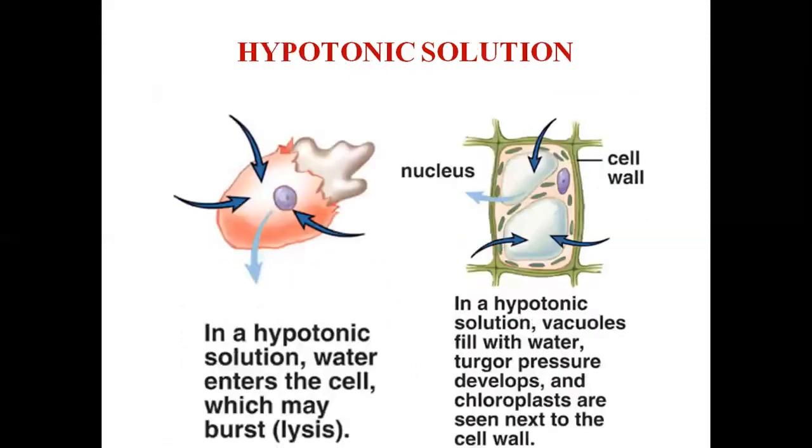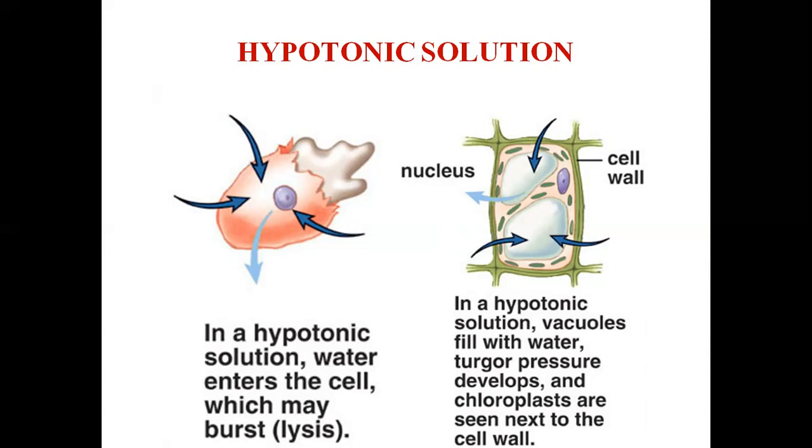You can see inside the chloroplast and the nucleus. So the tonicity of the solution plays an important role. In a hypotonic solution, water enters the cell, which may burst, or lyse. In a hypotonic solution, vacuoles fill with water, turgor pressure develops, and the chloroplasts are seen next to the cell wall.